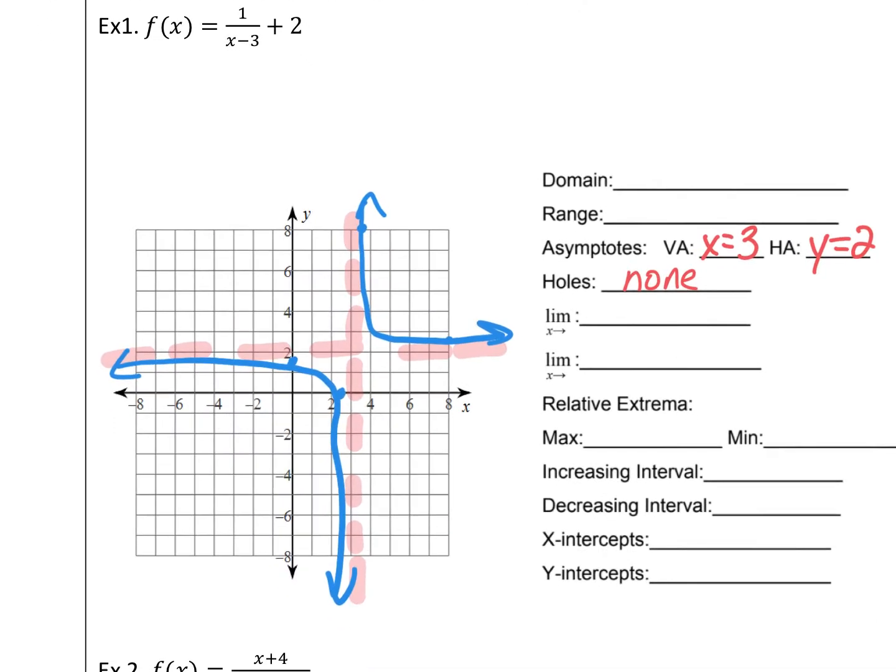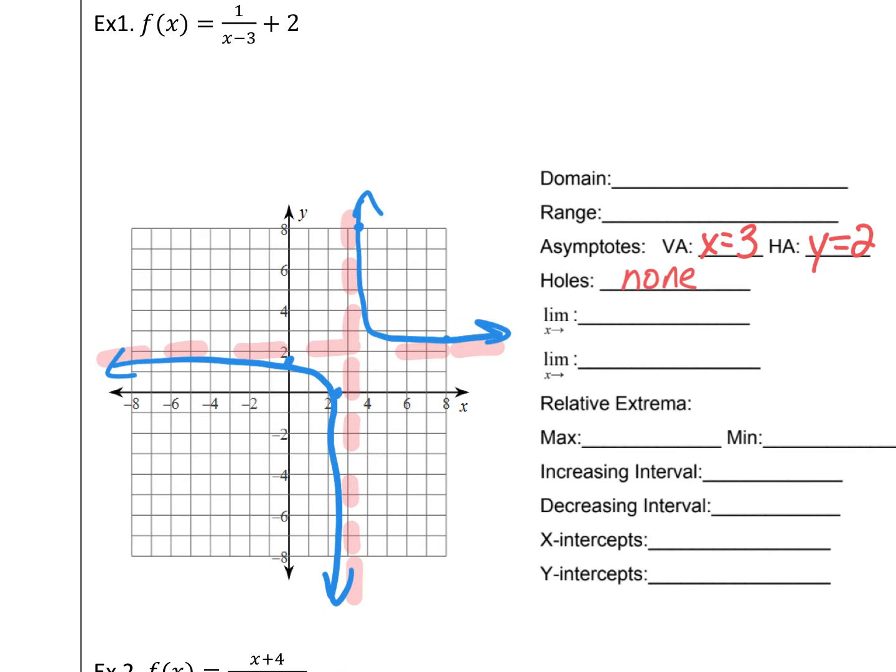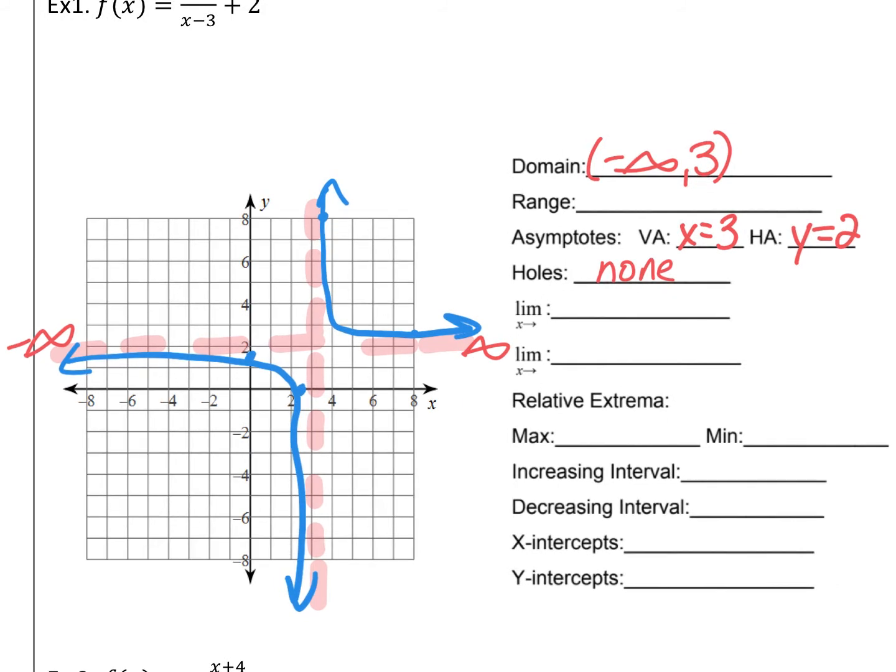Okay, we'll start with domain. So from the left to the right, I have no holes to watch out for, but I do have to watch out for the asymptote. So one thing too that helped some students last class, if you put negative infinity out here, positive infinity out here, okay, so we're starting at negative infinity. What wall are we going to run into? 3, good. And know that the vertical asymptote, right, that's x equals.